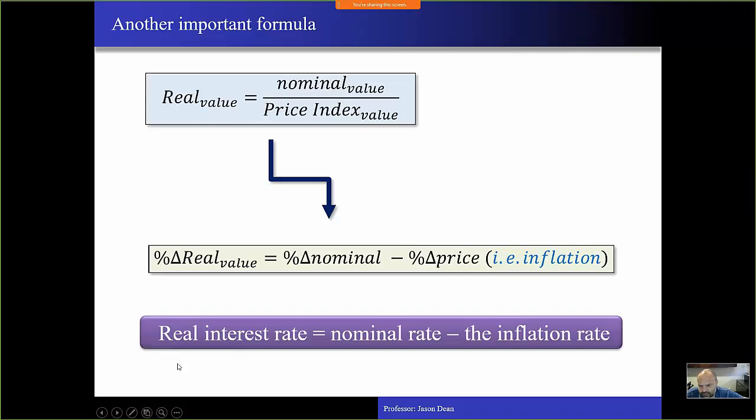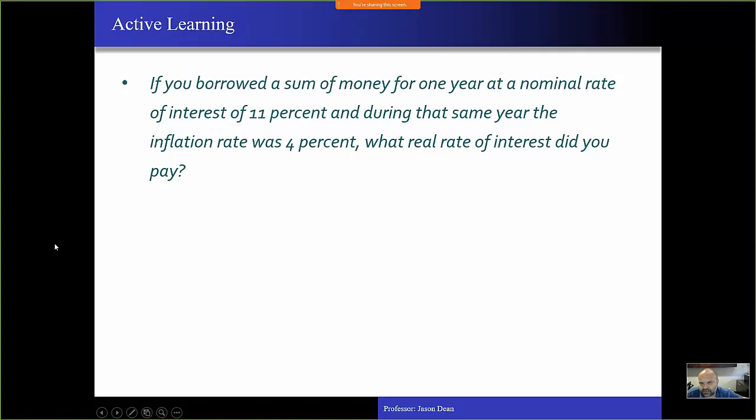Also, if we're thinking of interest rates, the real interest rate would be equal to the nominal rate minus the inflation rate. So when you buy an investment and you get 10% return over the year, that's your nominal rate of return. But if inflation was 5%, then you really only made 5%, which would be the 10 minus the 5.